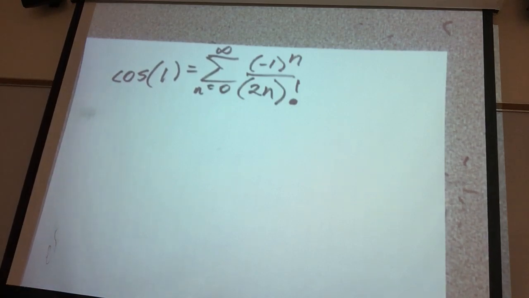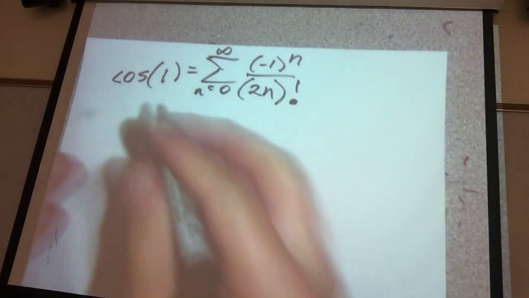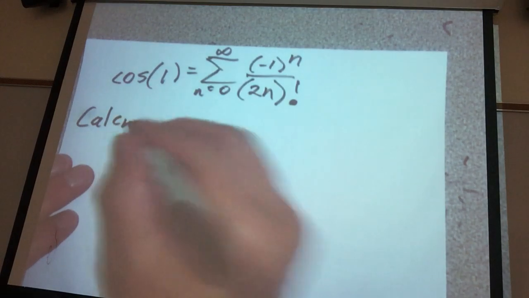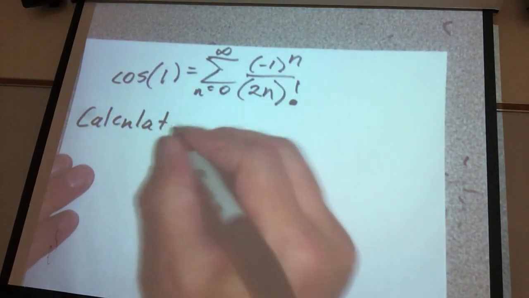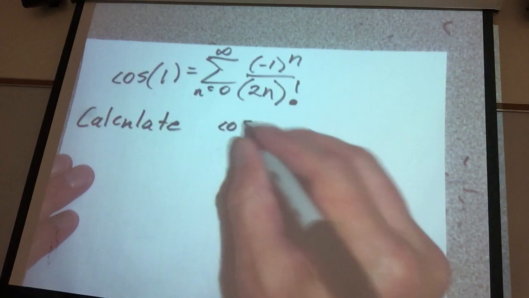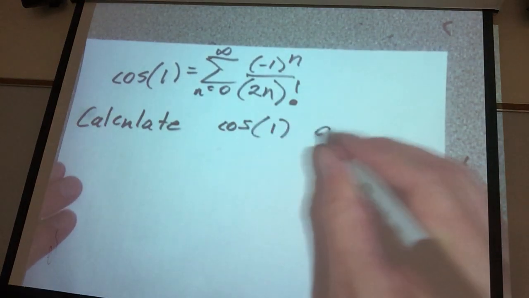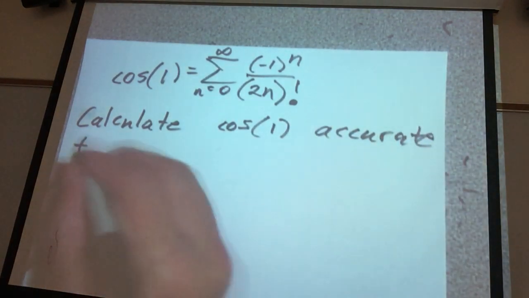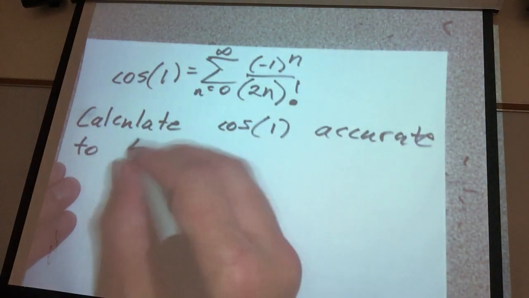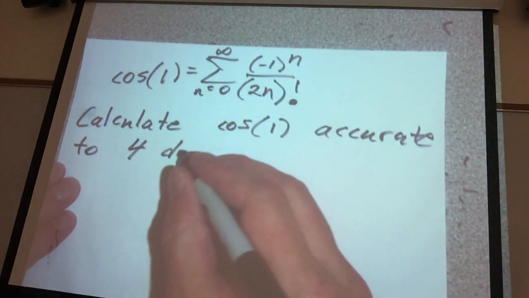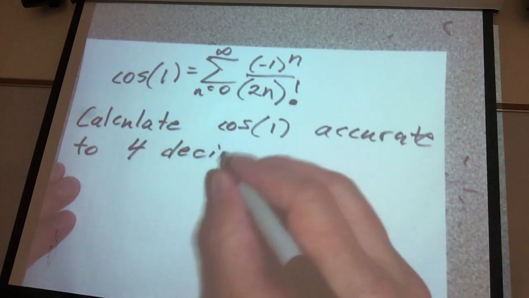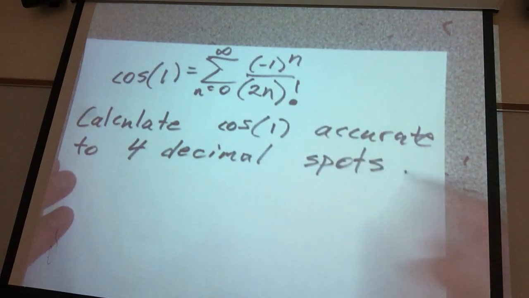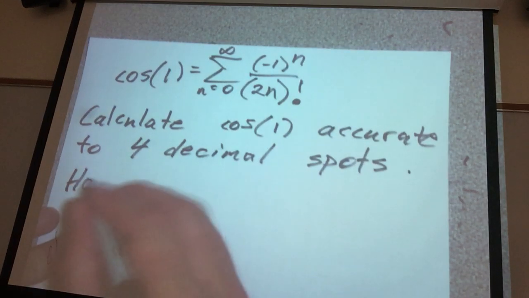All right, so let's say you want to calculate cosine of 1 accurate to, say, 4 decimal spots. Okay? How many terms are needed?